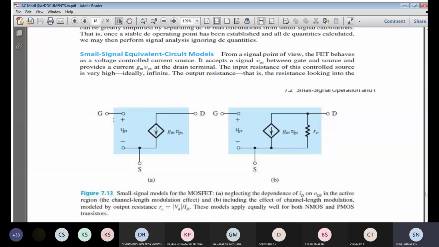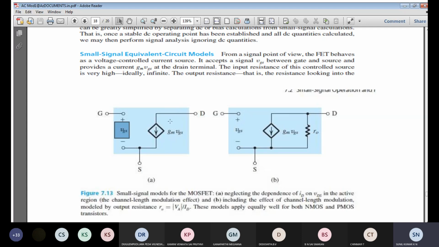So we can say the small signal voltage, VGS, can be established between the gate and source, and for this it obtains a current that flows between the drain and source, that is the signal current ID.